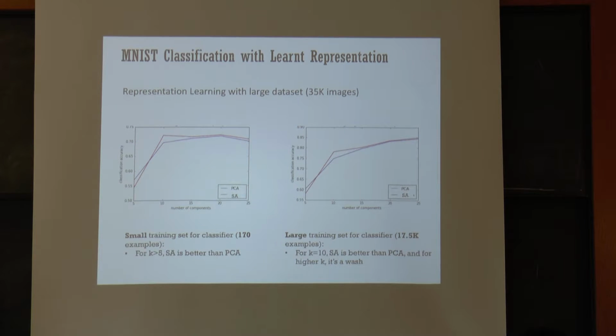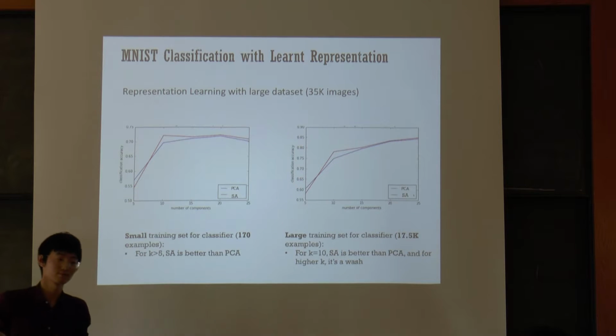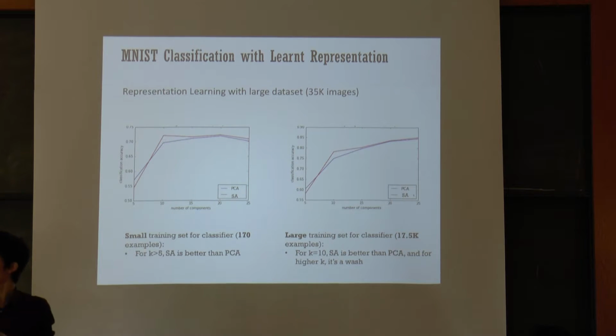Is this something synthetic, so you know what the right solution is? This is real data, MNIST, the digits. So the reconstruction would be perfect in this case? No, it would not be perfect. And you're representing the image with 10 numbers.